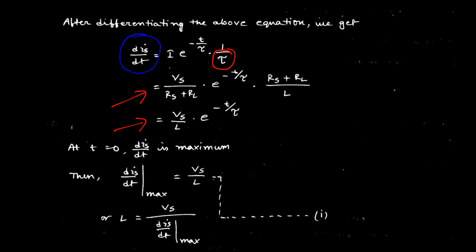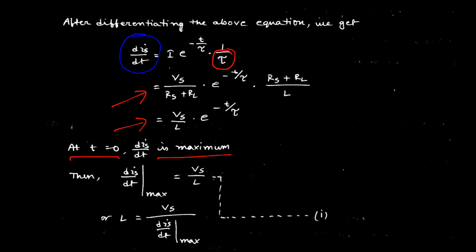Initially, when the switch is closed at time t equal to 0, the capacitor behaves like a short circuit, so it will see the maximum di/dt stress. That is why we can consider that at t equal to 0, dIs/dt is maximum.